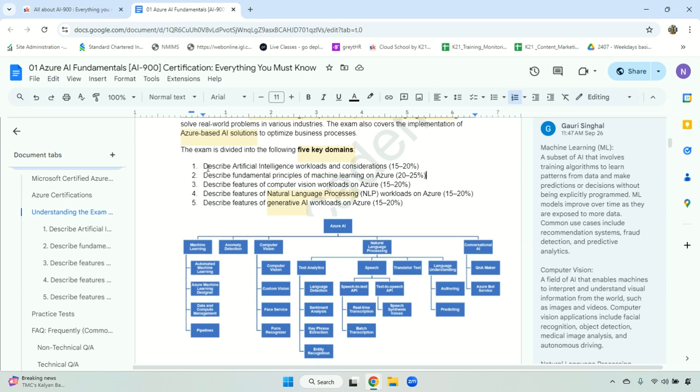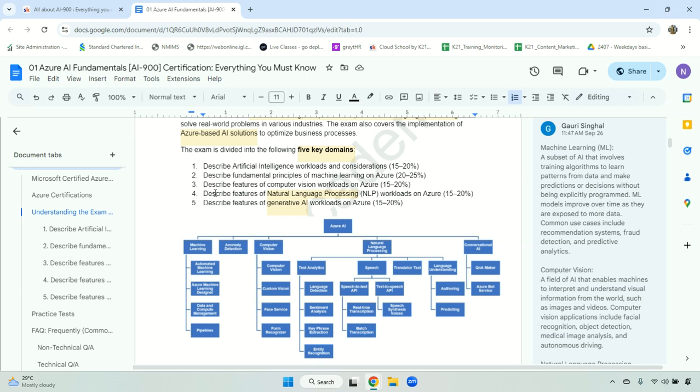Key domain number 1 is where we talk about describing artificial intelligence workloads and considerations. This is the first domain, which has 15 to 20% weightage. Then the second domain is the fundamental principles of machine learning on Azure, which has the highest weightage, around 20 to 25%.